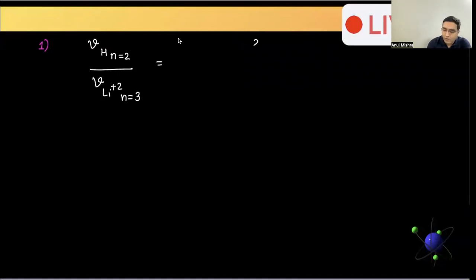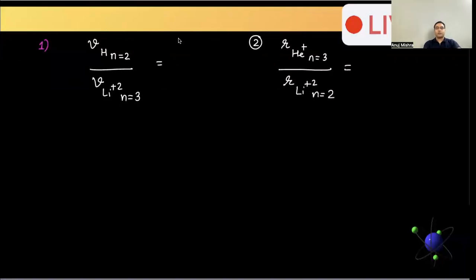Question number 2. Ratio of radius of helium plus in n equals 3 taken with lithium plus 2 in n equals 2 is how much? Solve करो, सभी लोग solve करेंगे and then we'll discuss these questions also.